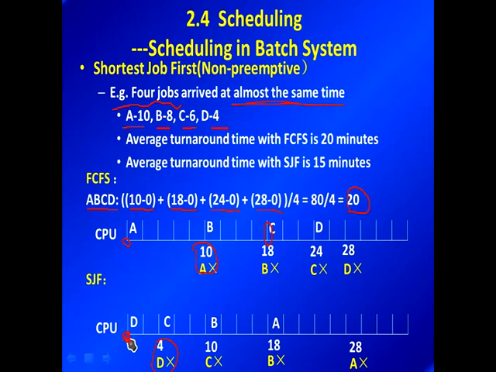So the turnaround time for D should be 4 minus 0. It should be 4, right? Okay, so now you just tell me the turnaround time for job C.